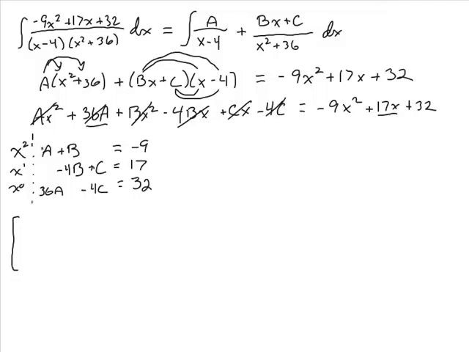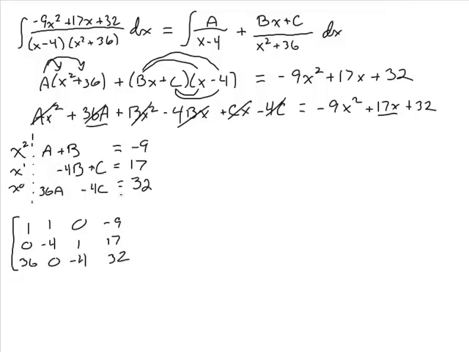So this first line, I've got a coefficient of 1, 1, 0, and negative 9, because there's no c. 1, 1, 0, and negative 9. Next row, I've got 0, minus 4, 1, and 17. And last row, I've got 36, 0, and minus 4, and then 32.